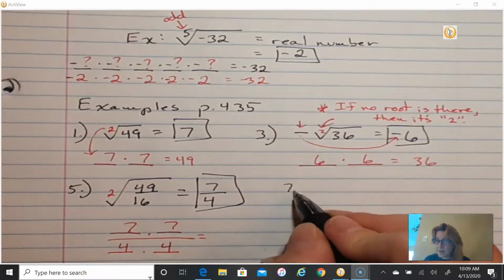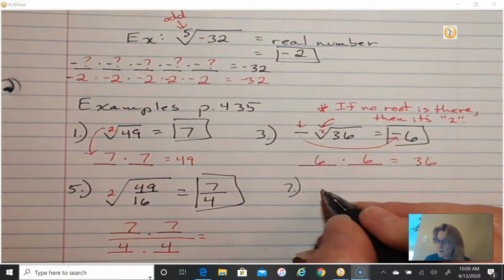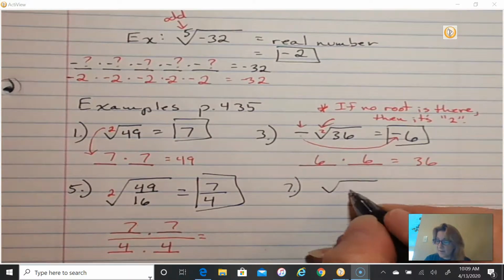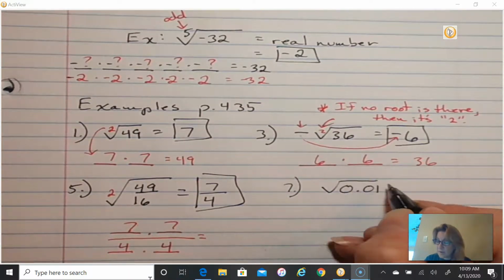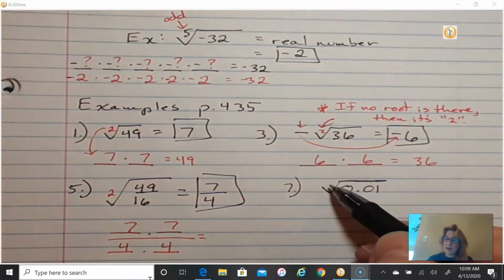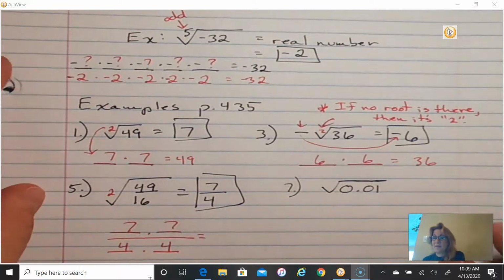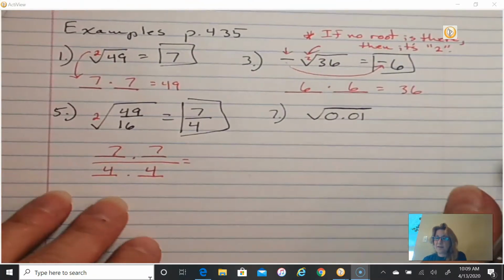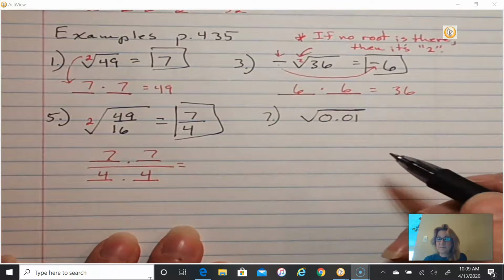All right, 7 over 4. Oh yeah, this is fun, decimals. It's worse than the fractions. Again, we do not have a root present, so we pretend it's a 2.